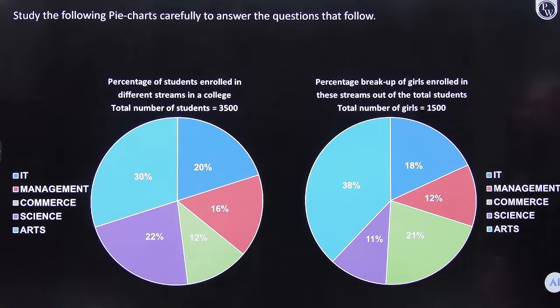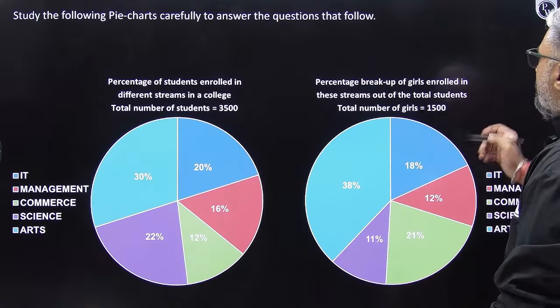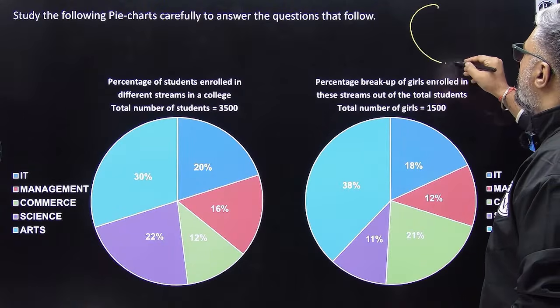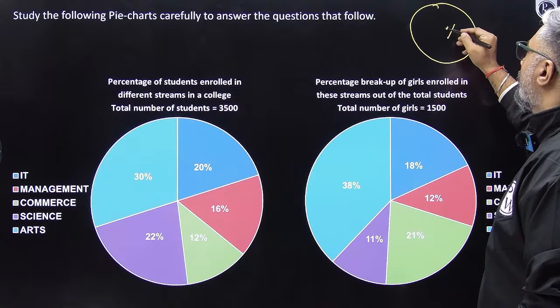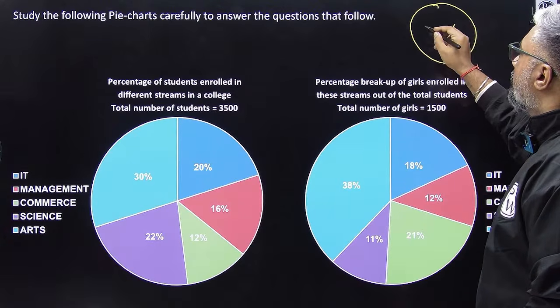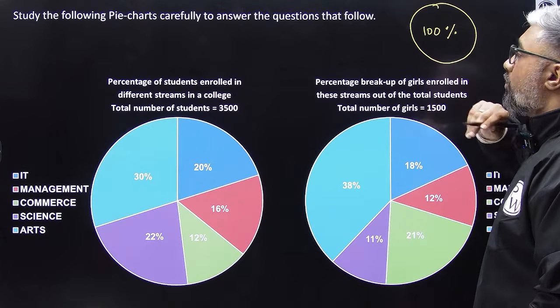In all of these sections, we've been given percentage. So whenever you get a pie chart with percentage, you always have to confirm if it adds up to 100 or not.